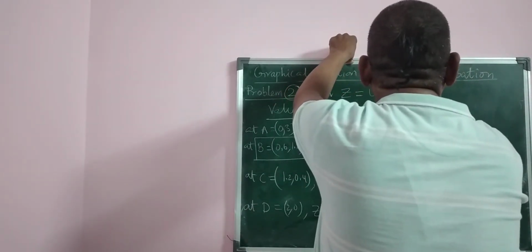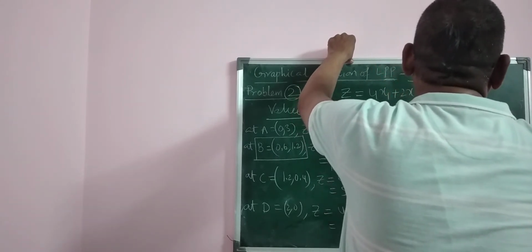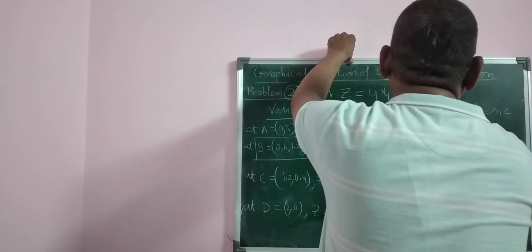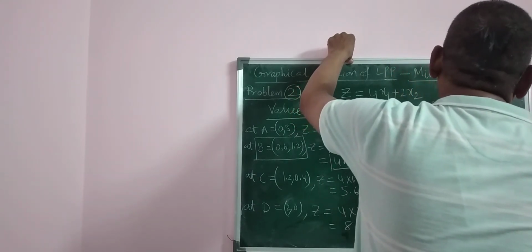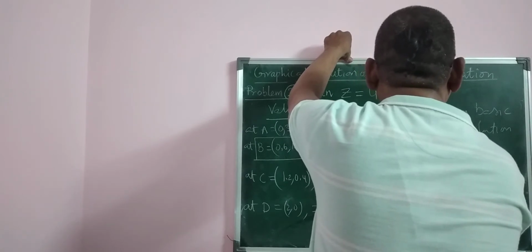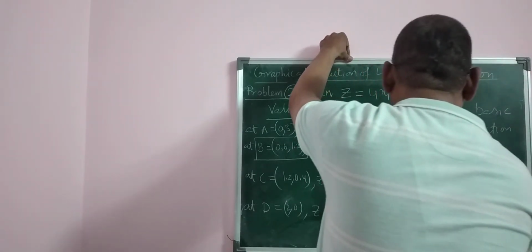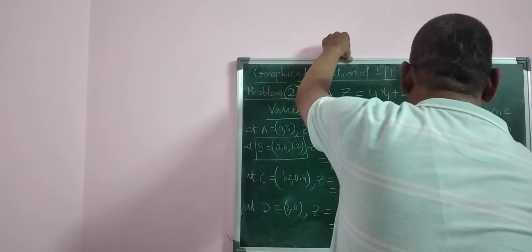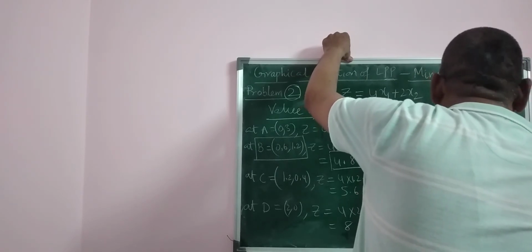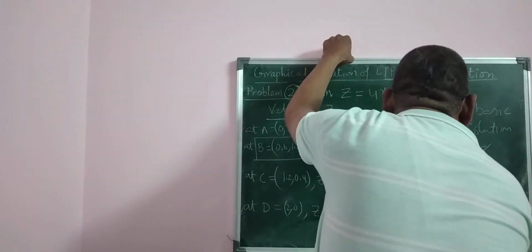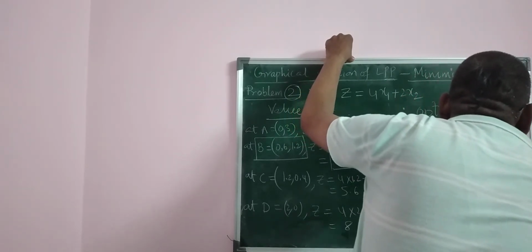So the optimum basic feasible solution is: the minimum value of z is equal to 4.8 at B, that is x1 equal to 0.6 and x2 equal to 1.2.